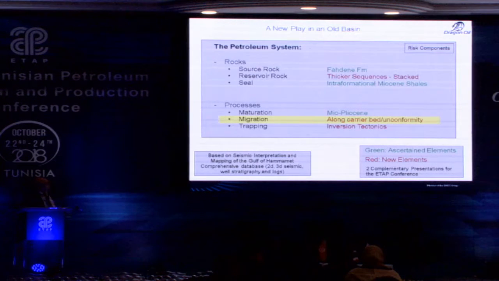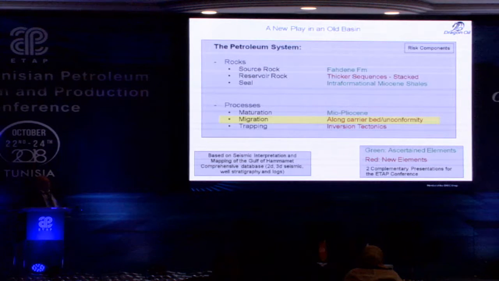Let's talk a little bit about this prospect and why it has these different characteristics. Now, if you look at the petroleum system, this is nothing else than well-known knowledge. We need the source rock, reservoir rock, seal, and we need a few processes like maturation, migration, and trapping. Oil companies use these 6 components of the petroleum system to risk the money they put into their enterprises, so we do this also.